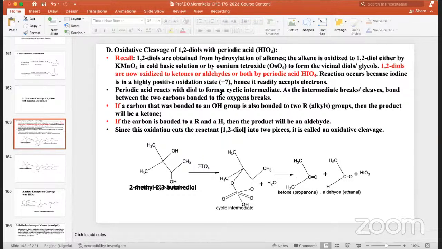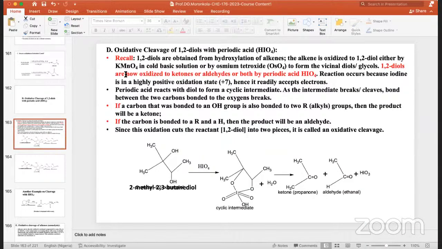So you recall that 1,2 diols are obtained whenever you hydroxylate alkenes. I feel you've treated alkenes, then alcohols too. When the alkene is oxidized in that hydroxylation to a 1,2 diol, either utilizing potassium permanganate in cold basic solution or OsO4, that is osmium tetroxide, to give the vicinal diol, or glycol, that is neighboring diols.